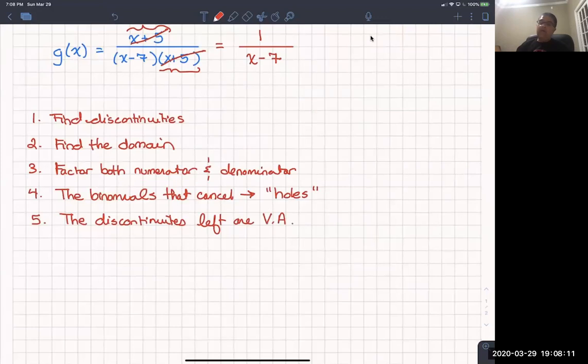Now, in this situation, you can have multiple outcomes. You may have a situation where you have a collection of discontinuities that are all holes, and you don't have any vertical asymptotes. You may have a mixture of holes and vertical asymptotes.